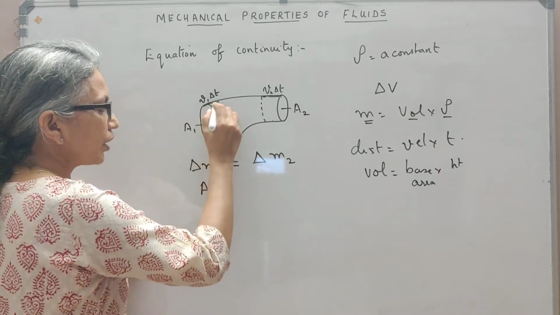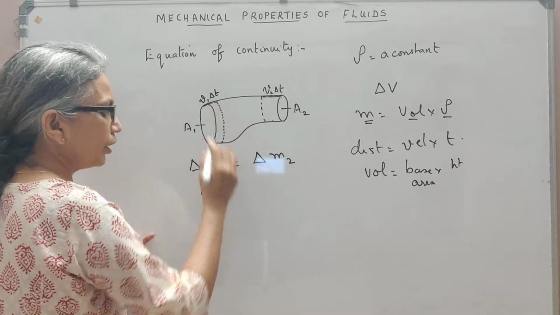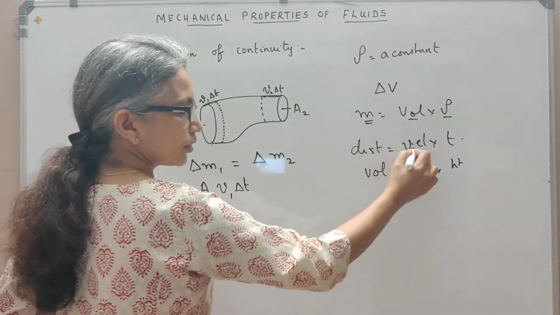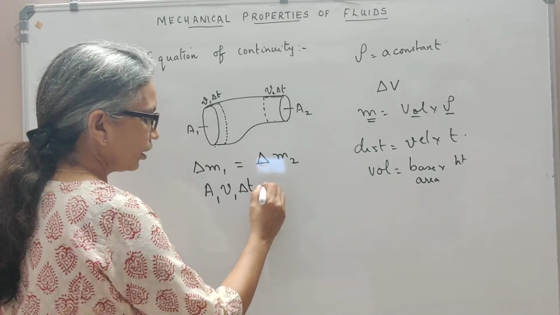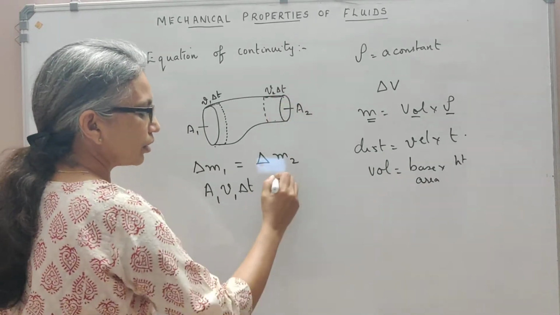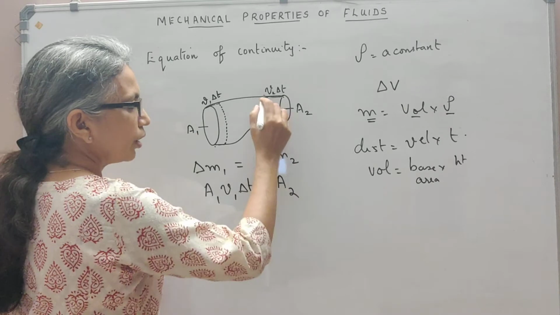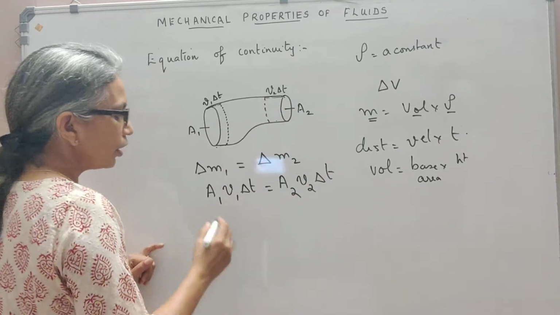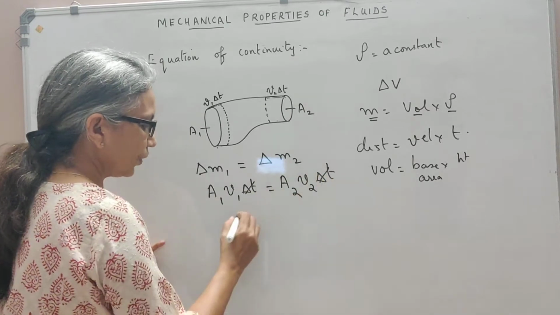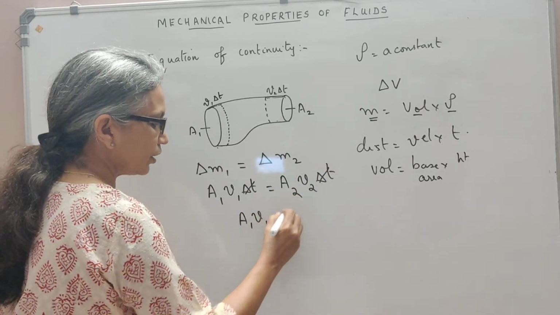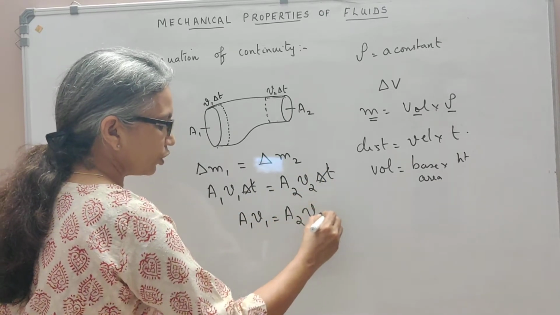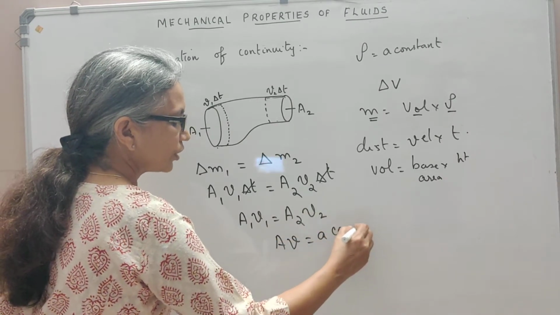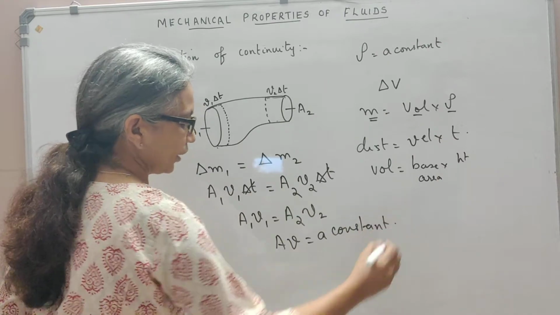The distance traveled, which is the height of that cylindrical column of fluid, is v1 delta t, using distance equal to velocity into time. This should be equal to, at the other end, the base area A2 and the height v2 delta t. So if I cancel the density and delta t, we see that A1 v1 is equal to A2 v2, or we may write A v is a constant, which is the equation of continuity.